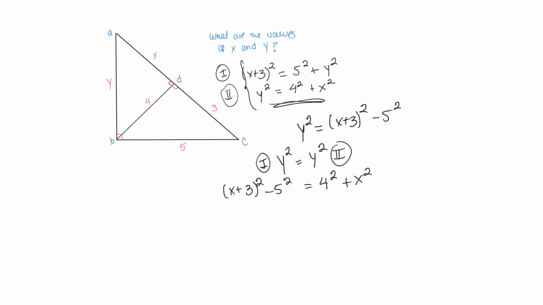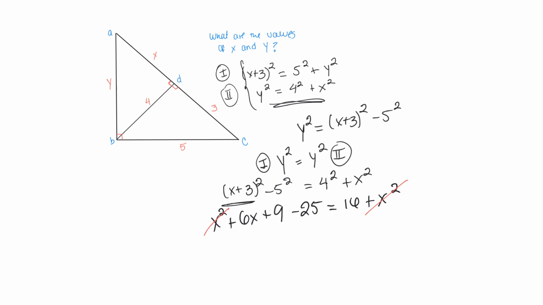So now that we have this, we can expand this binomial. This will be the first one squared plus 2 times the first one times the second one. That will be x squared plus 6x plus 9 minus 25 equals 16 plus x squared. So here we can see that this x squared eliminates with this x squared, and we end up with just one x right here.